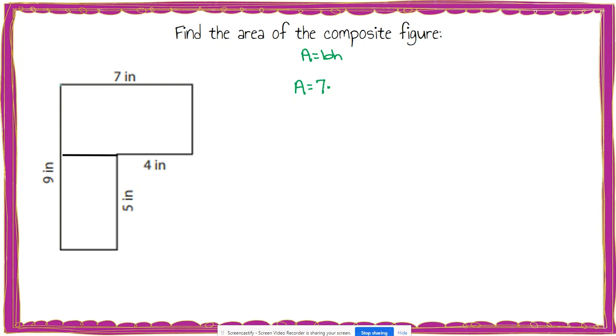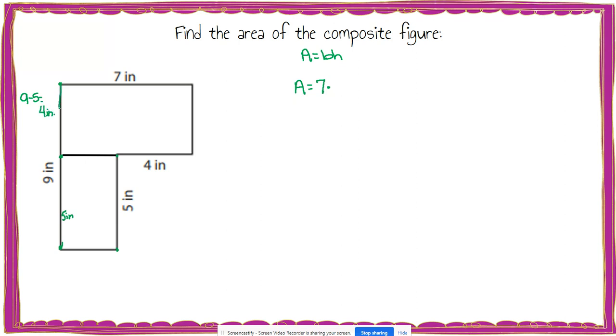I know that this whole length from here to here is 9 inches. But I also know that the length from here to here is 5 inches. So that means that from here to here is also 5 inches. If I know that this whole length is 9, but this part of it is 5, to figure out what I'm left with right here, I can do 9 minus 5 to get 4 inches.